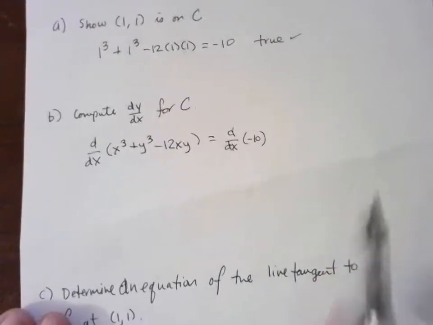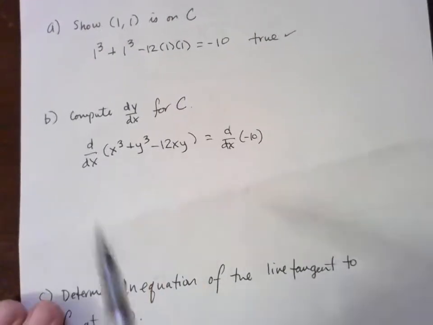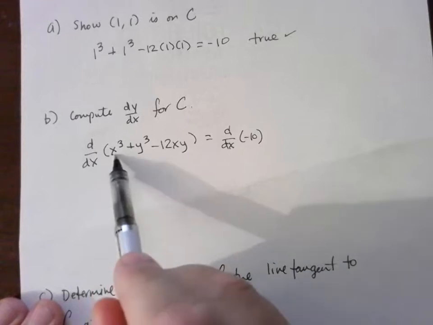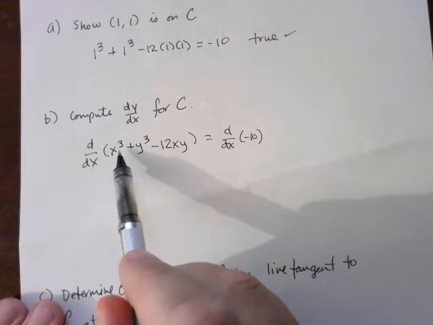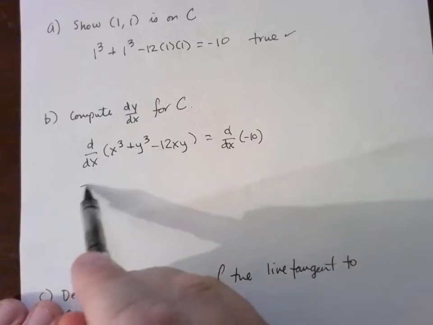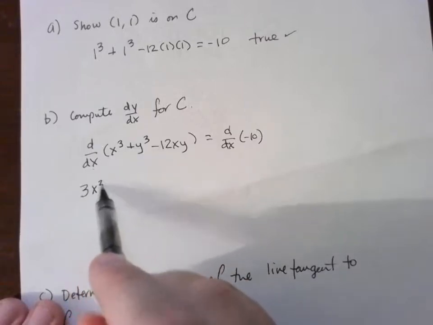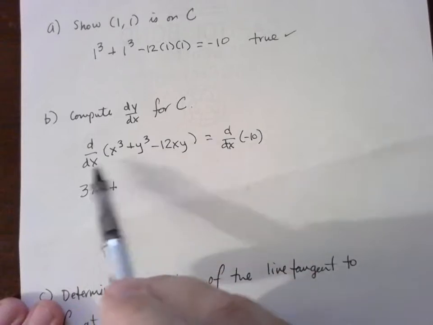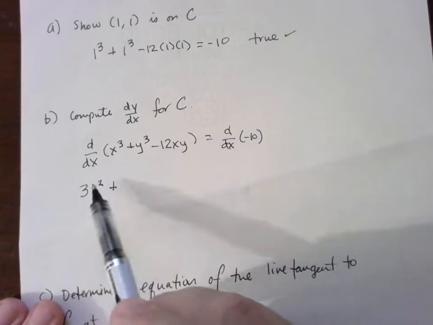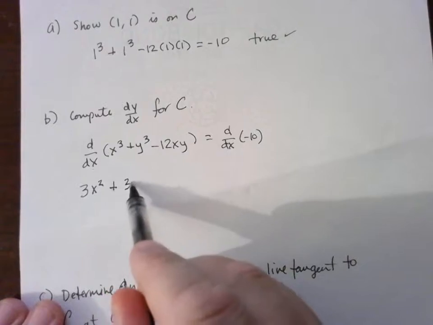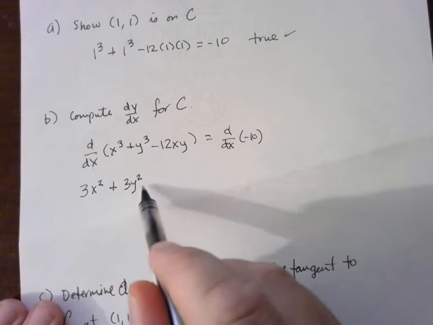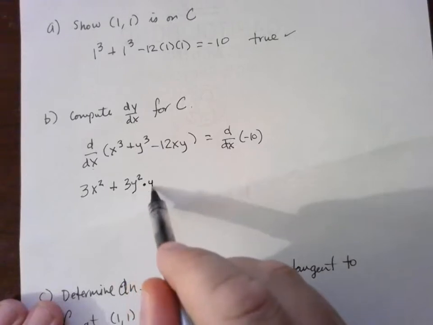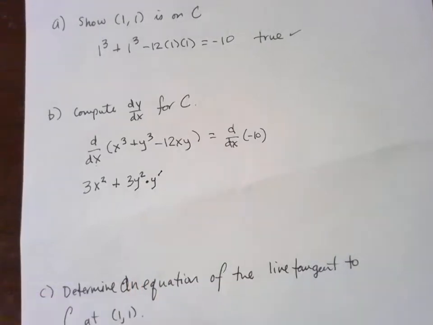The left side, I have 3 terms. So, d dx x cubed, this is ordinary derivatives, no implicit differentiation here, there's no y's, so this is just 3x squared plus. Then I have d dx y cubed. This is very much like this. I get 3y squared, but since this now is a function of x that I don't know, the chain rule makes me multiply by its derivative, which I'll abbreviate y prime.